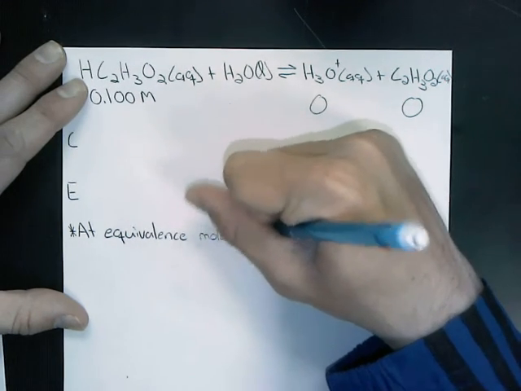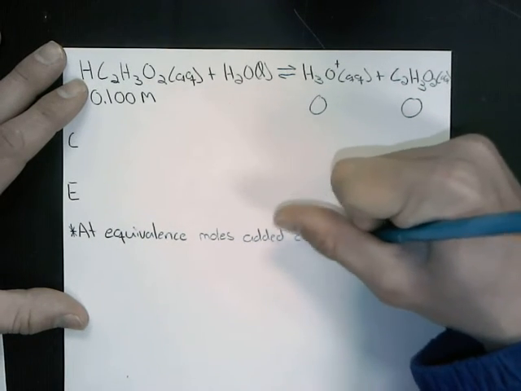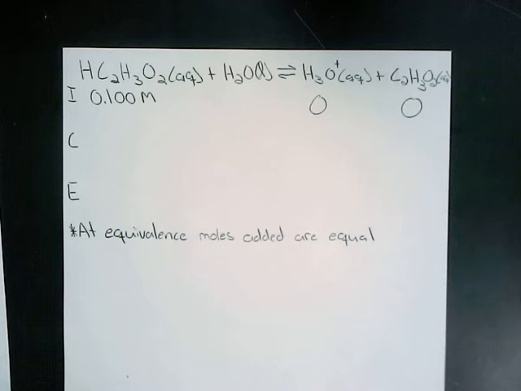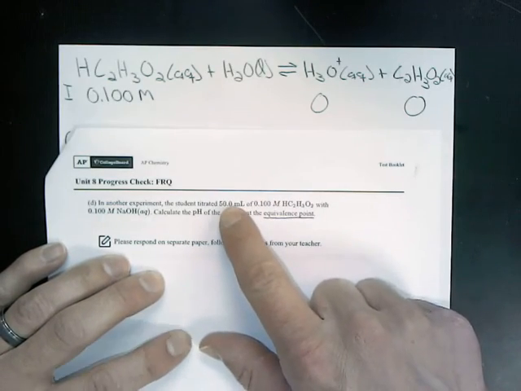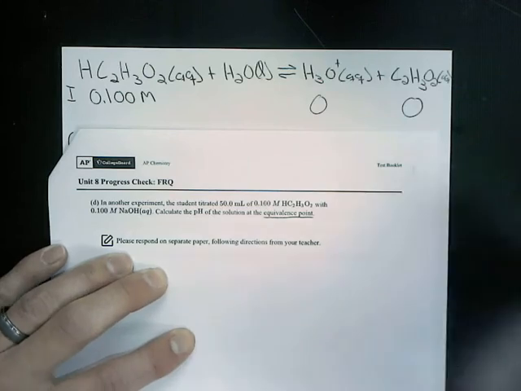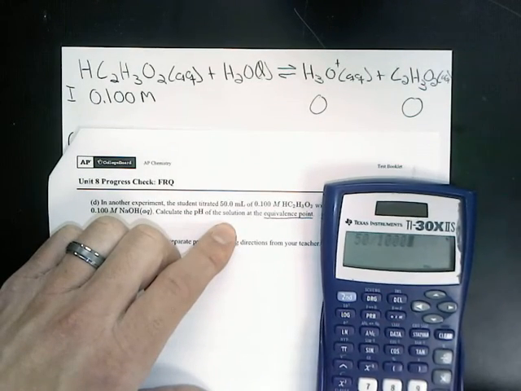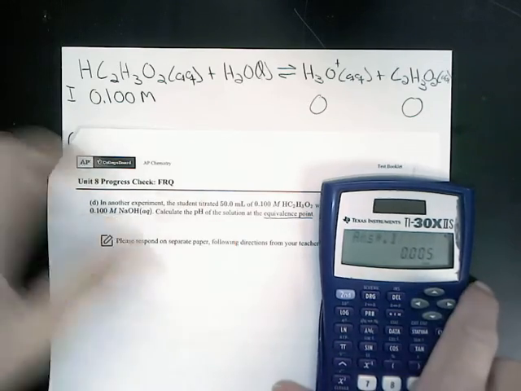At the equivalence point, moles added are equal. So instead of putting 0.1 molar, I'm going to find out how many moles we started with. To find the number of moles, we take our volume in liters times our molarity. So 50 divided by 1,000 to get us into liters, times 0.1, is 0.005.